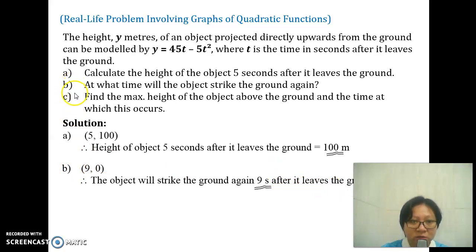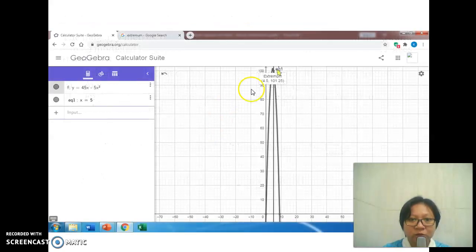What about question C? Find the maximum height of the object above the ground and the time at which this occurs. You need to click the maximum point. GeoGebra will show you extremum. Extremum is the turning point.